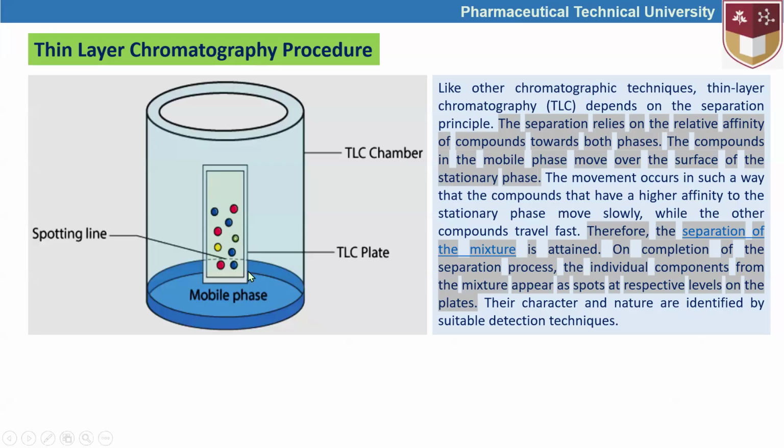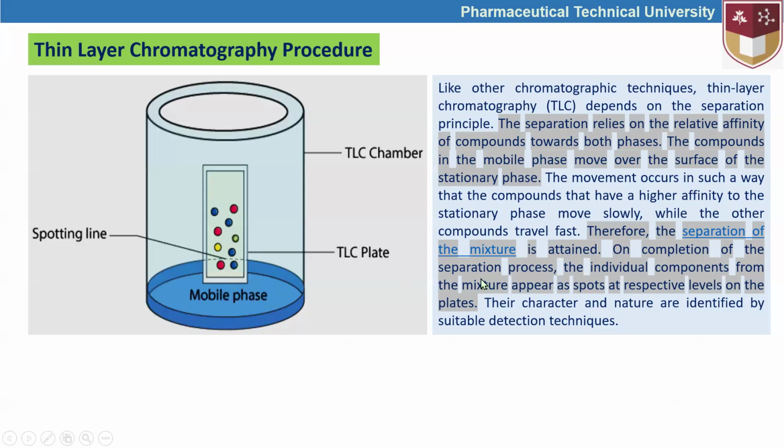The higher the affinity between them, the lower the movement. The lower the affinity between the matrix and the compounds to be separated, the faster the interaction with the solvent, with the eluent. Therefore, the separation of the mixture is attained.